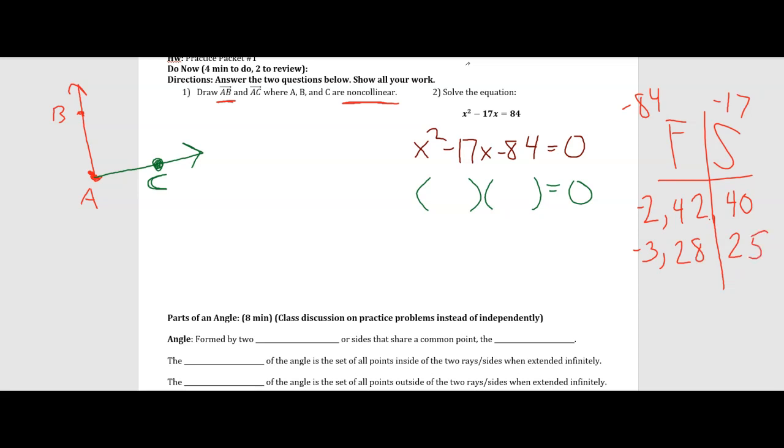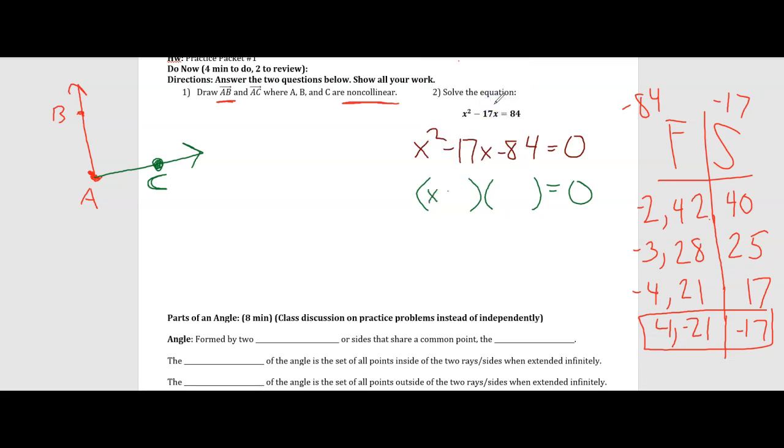Then I could think about negative 4. Well, if I divide 84 by negative 4, I get negative 21, which gives me positive 17. Now this is close, right? But I need negative 17. So let me just flip the sign of these factors. This will give me negative 17. So 4 and negative 21, those are my two factors.